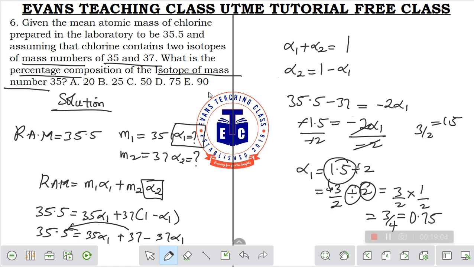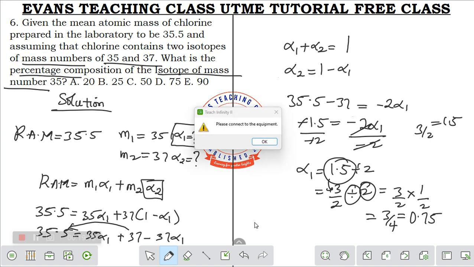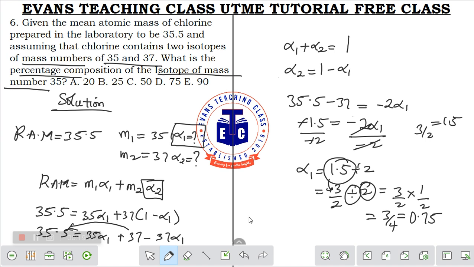Now if you look at this question, they want you to express your answer in percentage. We got 0.75. If you want to look for alpha 2, alpha 2 will be equal to 1 minus 0.75, which is 0.25. To represent this in percentage, just multiply by 100%.